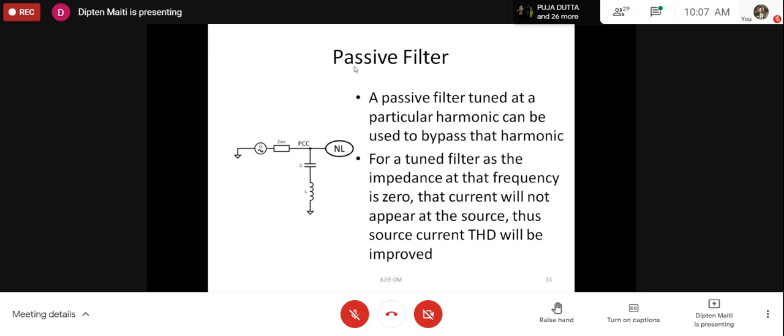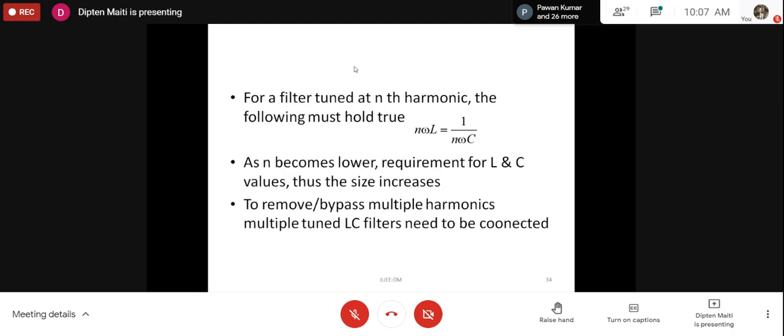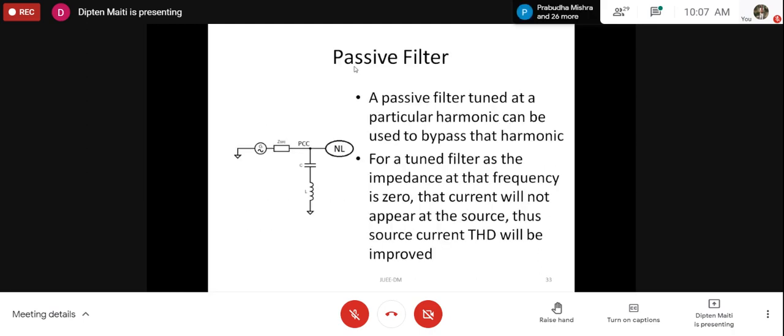The nonlinear load is represented by this ANL, and at the PCC, here we come across a new term called PCC. The full form is point of common coupling. Point of common coupling is a completely technical term which has its definition from the electrical standards, mainly defined in IEEE 519, which I mentioned in a slide a bit earlier.